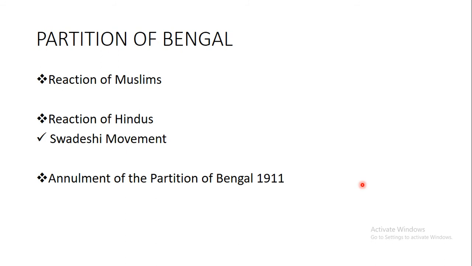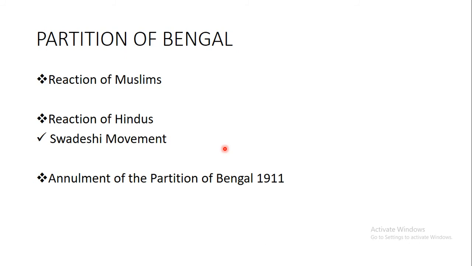At that time, the leadership of the All India National Congress was with Gandhiji. Remember, at that time there was only one political platform, and that was the All India National Congress. It was formed in 1885 and it was the only political platform for all the Indians. The claim of the All India National Congress was to be a neutral party.